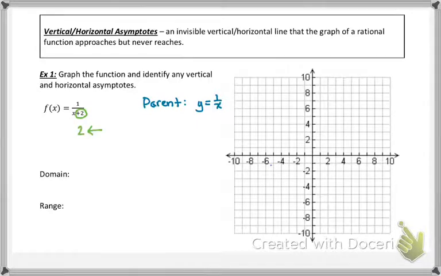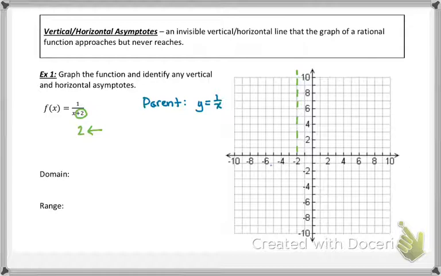2 units. And instead of making a table every time, I'm going to show you a little shortcut, because I know in my parent function that my x and y axes are my asymptotes. So all I have to do is move my x and y axes if I need to, according to the transformations, right? So if I'm shifting every point on my graph to the left 2, then my y-axis is just going to move over 2.